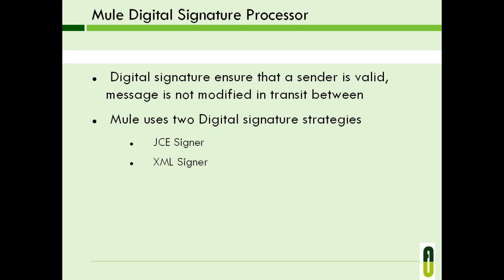Basically, XML signer signs a message payload or part of a payload using a key store. It applies attributes to specify the type of algorithm and type of signature. GCE signer signs a message payload or part of a payload using a key.